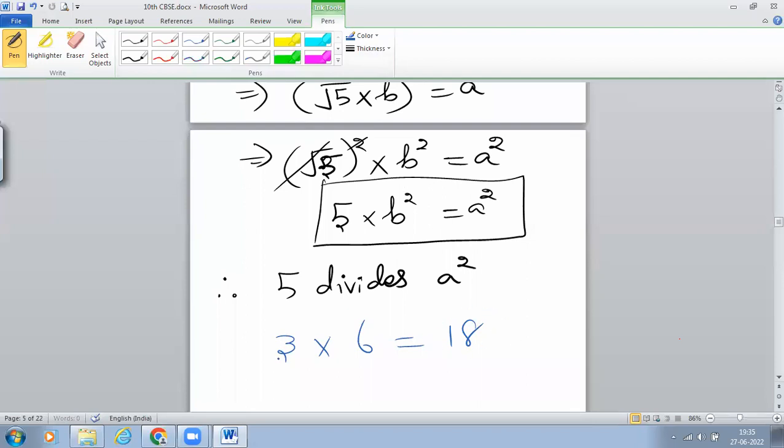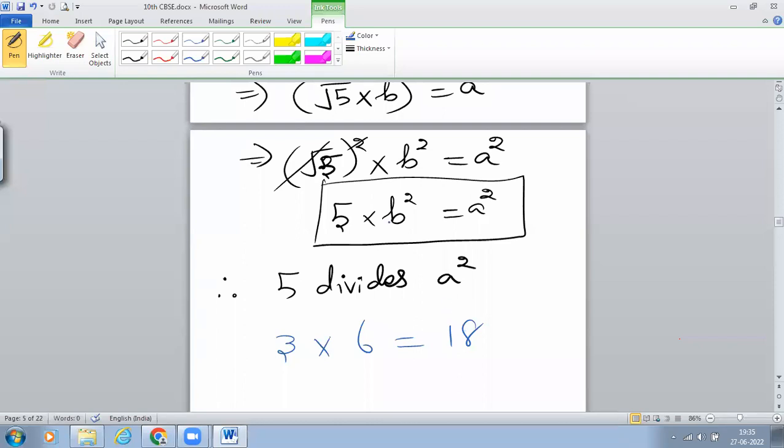Likewise, 18 is divisible by 3. The same thing can be expressed like 3 divides 18. In other words, we can say 18 is divisible by 3, or we can say 3 divides 18. Both are the same, having the same meaning. Yes or no?